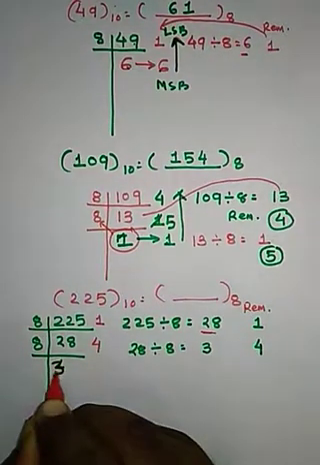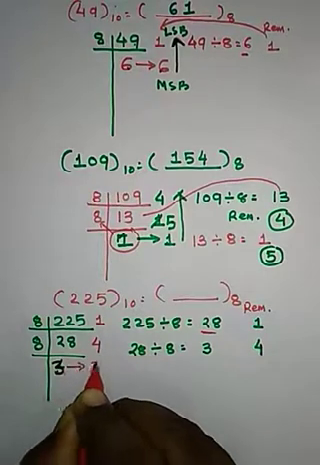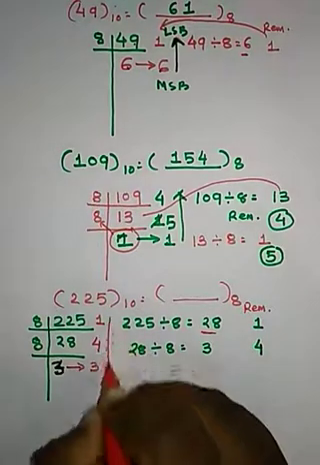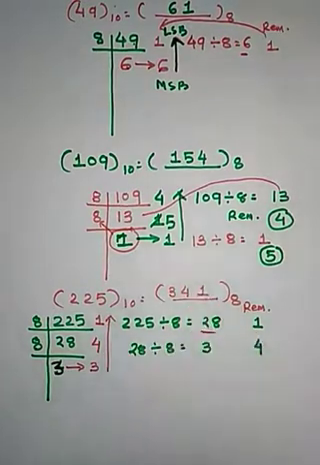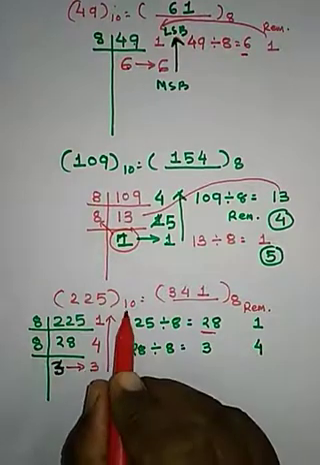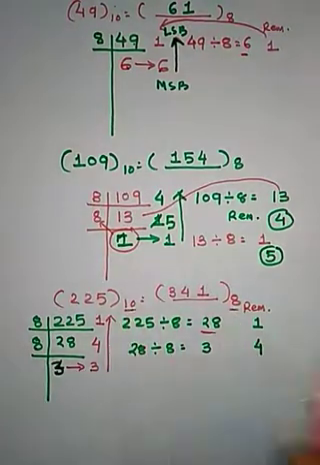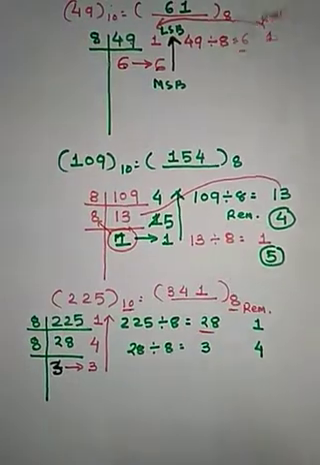Now this 3 is less than 8. So put here 3. What is the answer? 3, 4, 1. Okay. In this way, we can convert the given decimal number into octal. Okay. Now we will discuss another example next.